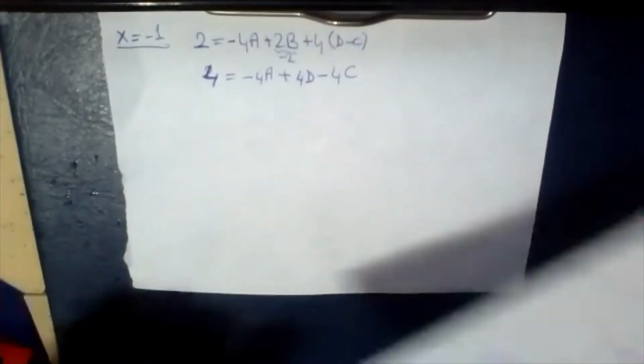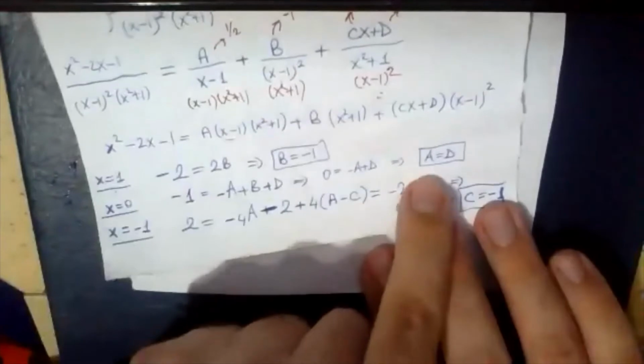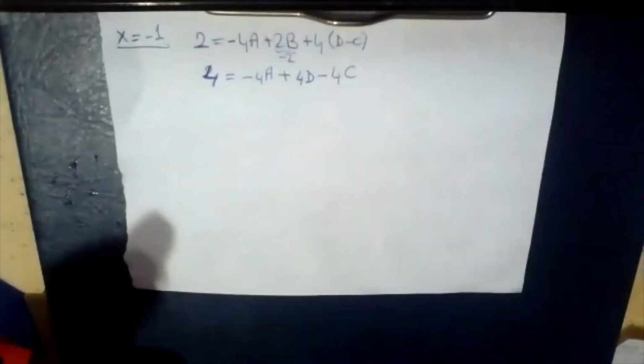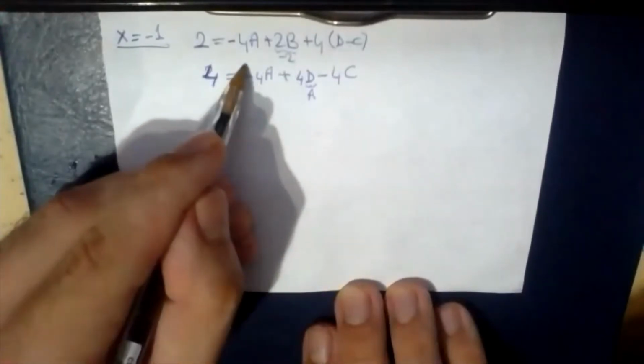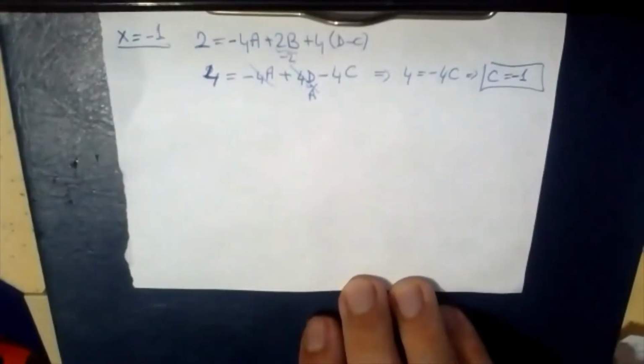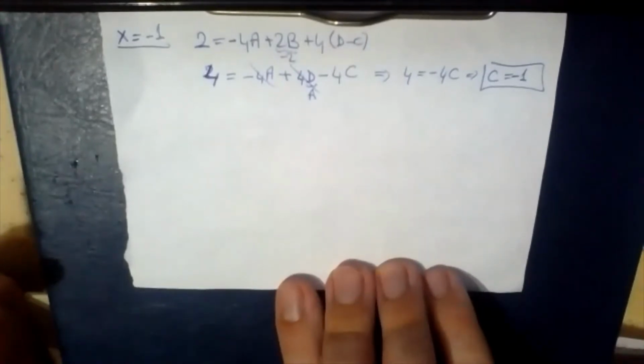But also we have found that a is equal to d. So instead of this d, we can write a, and minus 4a and plus 4a will cancel each other. So we can find 4 is equal to minus 4c, which implies c is equal to minus 1. So we find b and c are equal to minus 1.